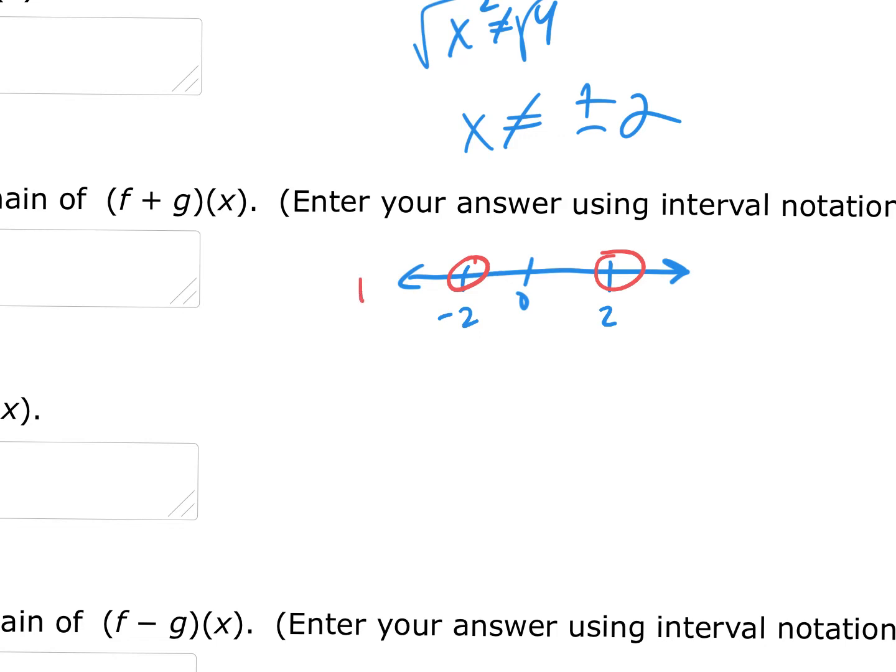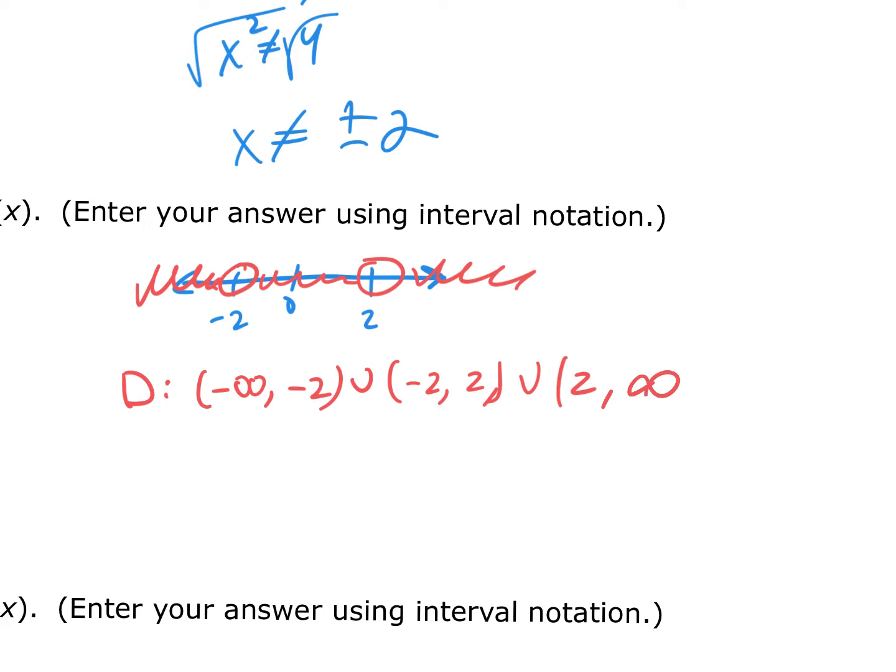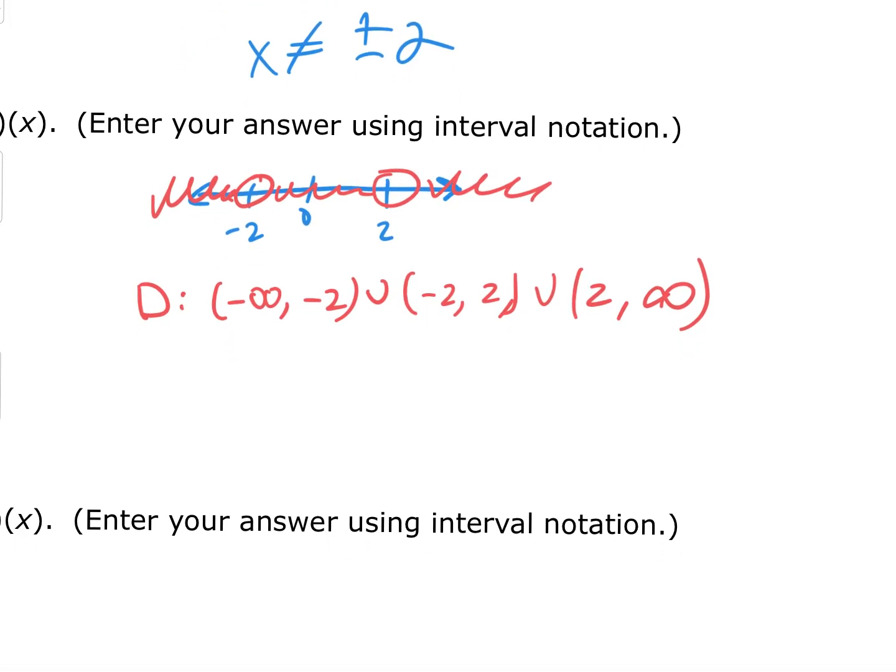So I can use everything over here, everything over here, and everything in between those two. How can I write that? Negative infinity to negative 2, union negative 2 to 2, union 2 to infinity. Good. Questions?